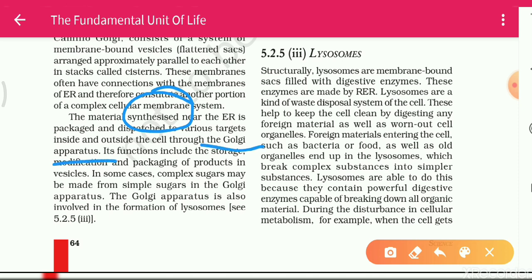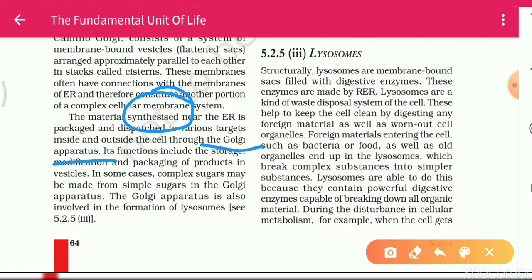Now students, I told you that the Golgi apparatus functions just like a transport system which helps in the transport of food materials and dispatches them either to intracellular targets such as the plasma membrane or lysosomes, or to extracellular targets also. It helps in the transport of the food materials.